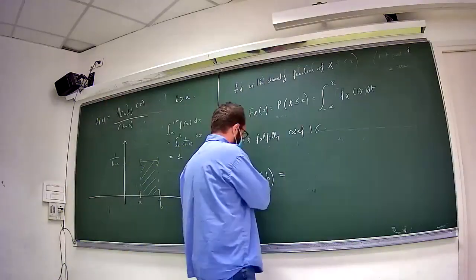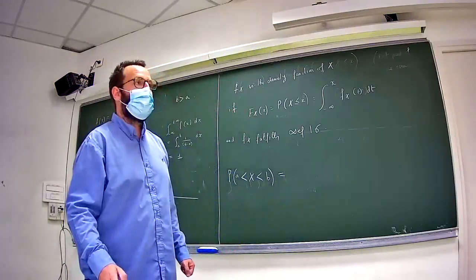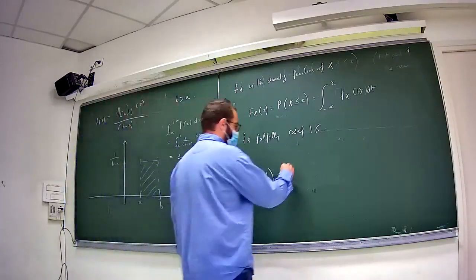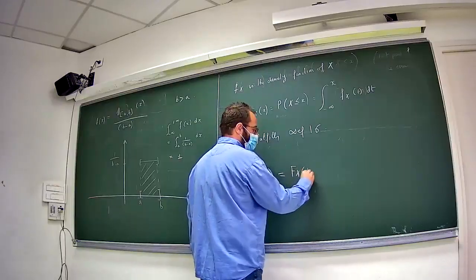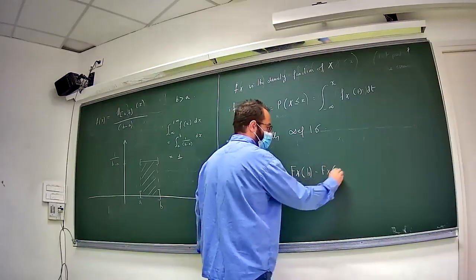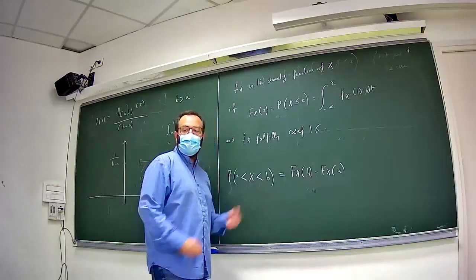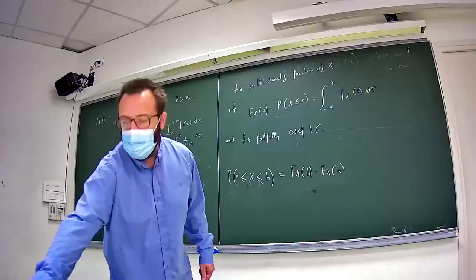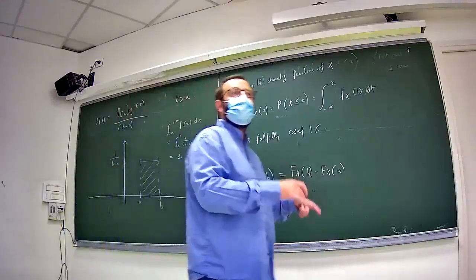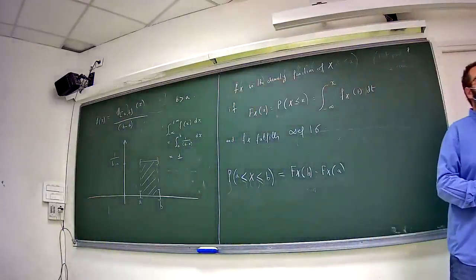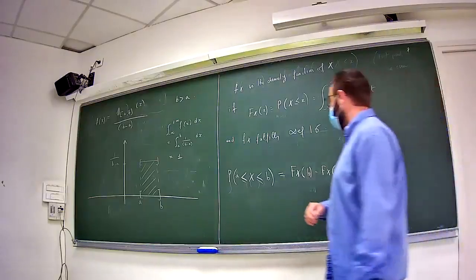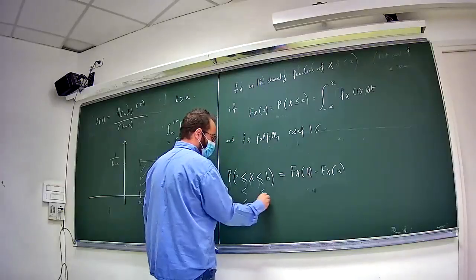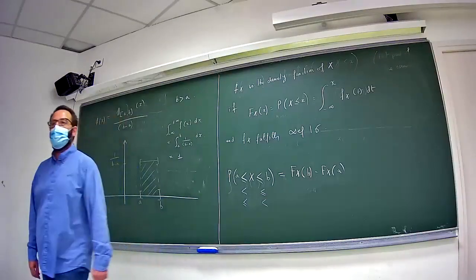We know from statement 3 that it's the distribution function at b minus the distribution function at a. And here I repeat that I don't mind about bounds in the case of a continuous random variable, so you can put any of these cases you want, they give rise to exactly the same probability.